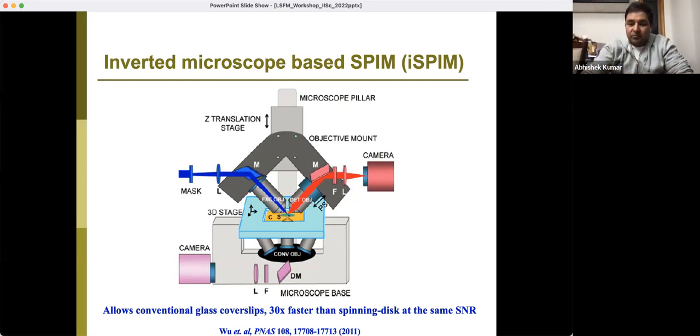And these are water dipping lenses. So your sample is sitting in an appropriate media, so that your cells are happy. But again, if you pay close attention to this geometry, your illumination and detection are orthogonal. And that's why it's a selective plane illumination configuration.